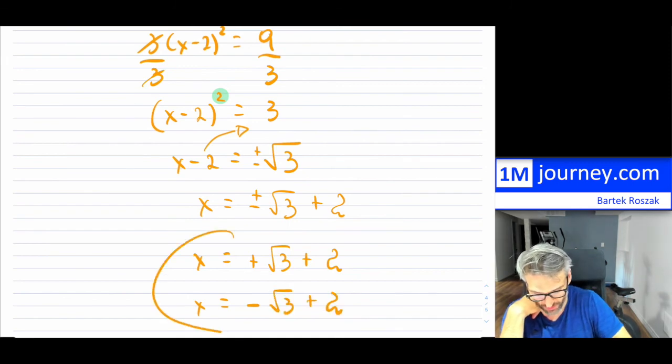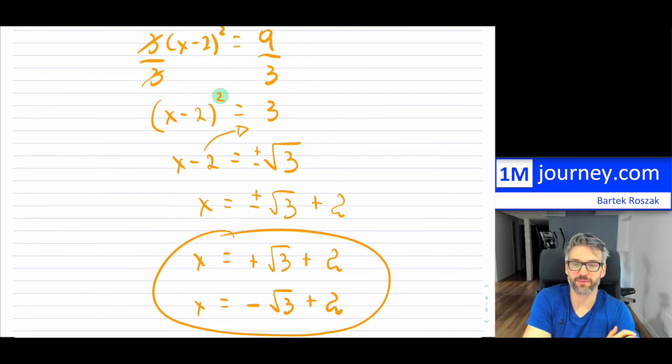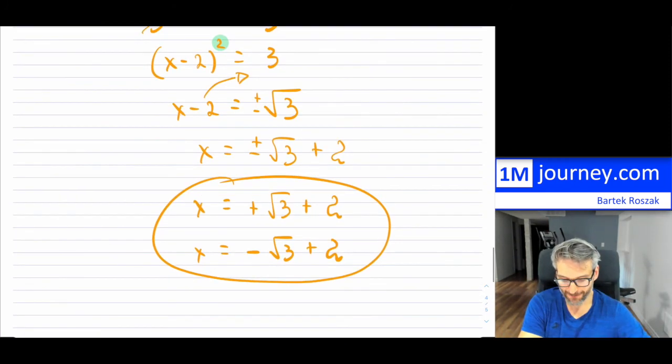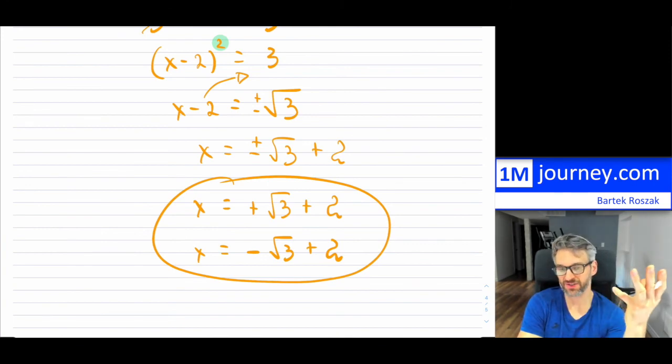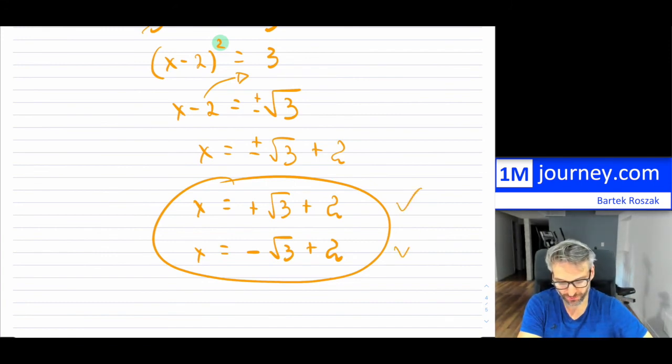I'm going to leave it as the root. Most people would typically change this into a decimal and round it off, but because these are irrational numbers, I'll just keep it this way. But I did want to show you that you can also solve these equations like that.